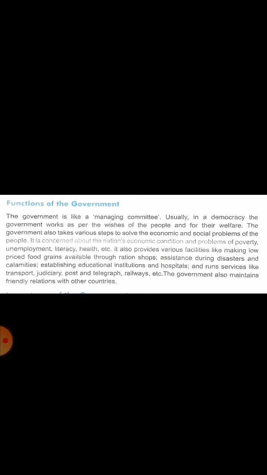So we select our leaders or our government. Then it is the government's responsibility to stand for us. And the government works as per the wishes of the people and for the people's welfare.